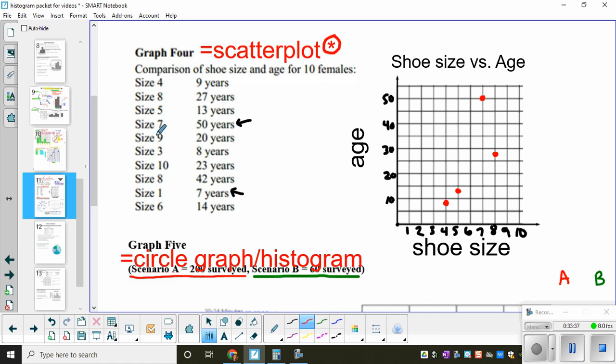Looks like this 20-year-old had a shoe size of 9, so the age here is 20. Shoe size was 9. We have here a shoe size of 3 for an 8-year-old. So the age over here, they're 8, and it looks like their shoe size was 3. We have a shoe size of 10 for a 23-year-old.